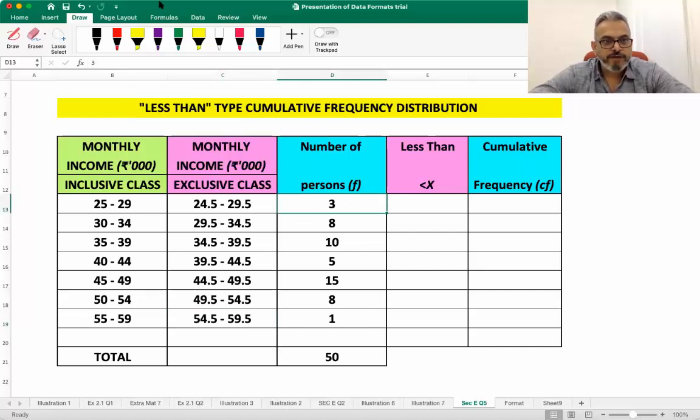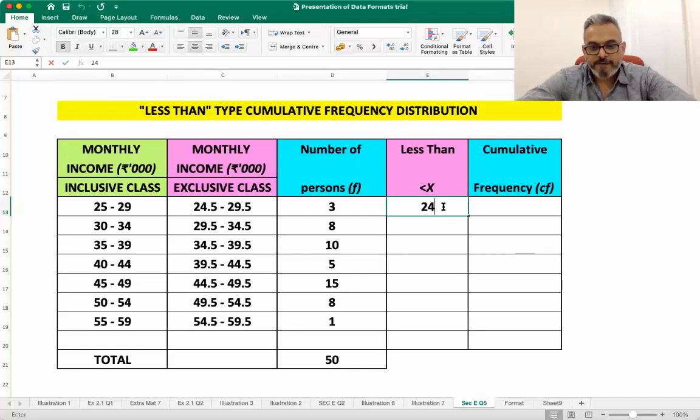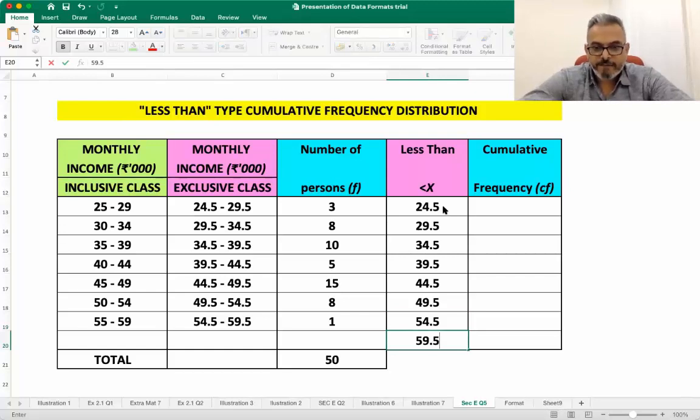You have to do this. Now, less than. Here again you have to start from the lower limit of the first class, that is 24.5, then 29.5, then 34.5, then 39.5, then 44.5, then 49.5, and then 54.5, and then 59.5.